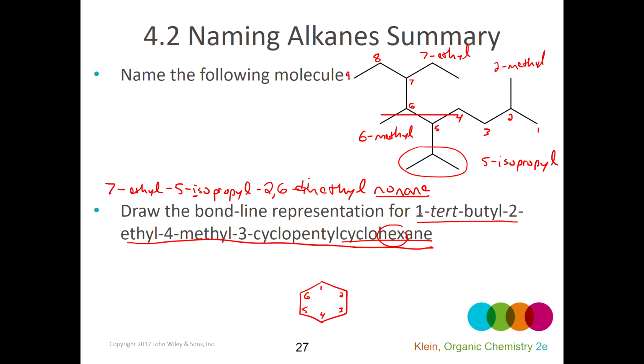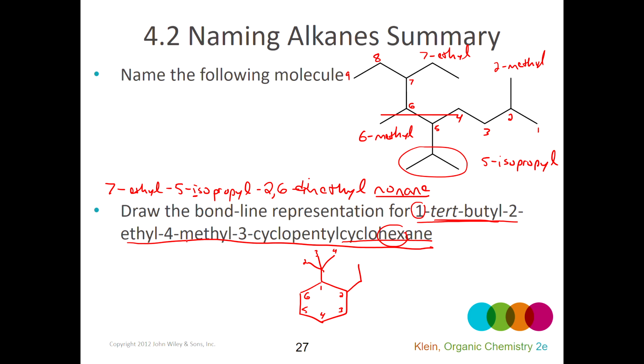So on carbon 1 of the ring, I've got a tert-butyl. So tert-butyl has 4 total carbons. 1, 2, 3, 4. And this one here is the tertiary one. It's bonded to 3 identical things. On carbon 2, I've got an ethyl. So I put a 2-carbon grouping on carbon 2. Meth means 1.